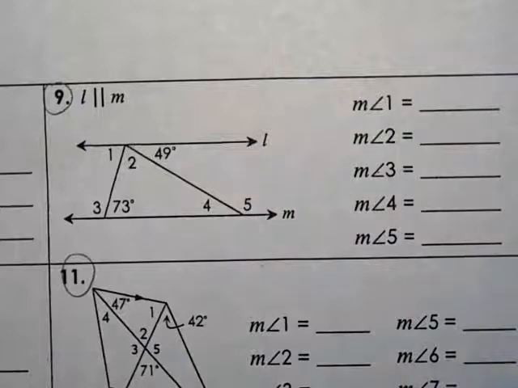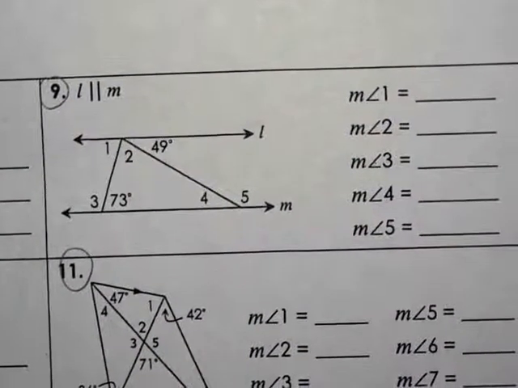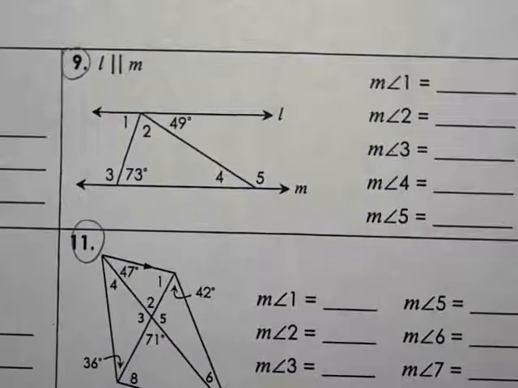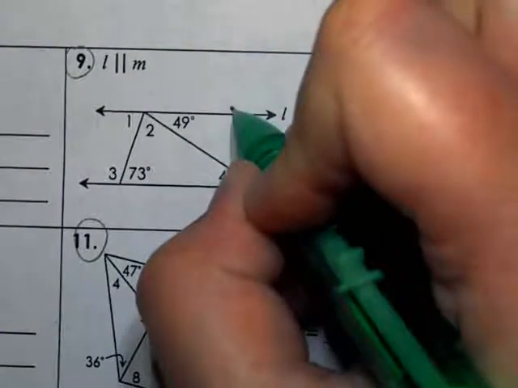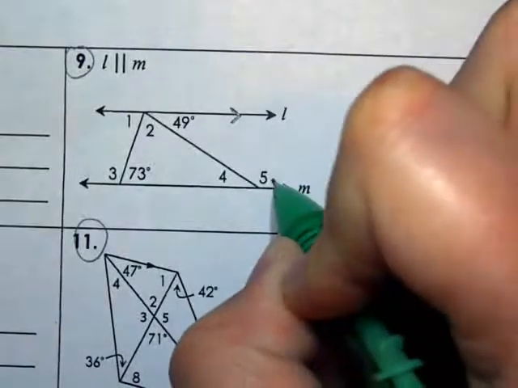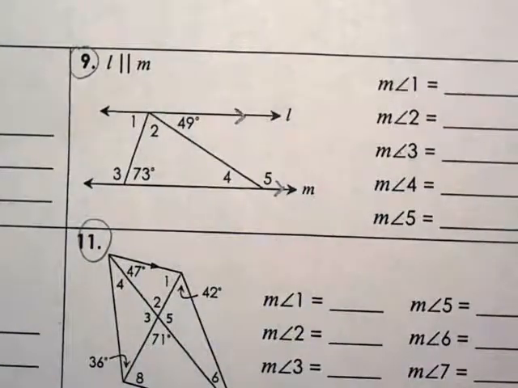All right. Number 9. So L is parallel to M, so I'm going to go ahead and mark that these are parallel.